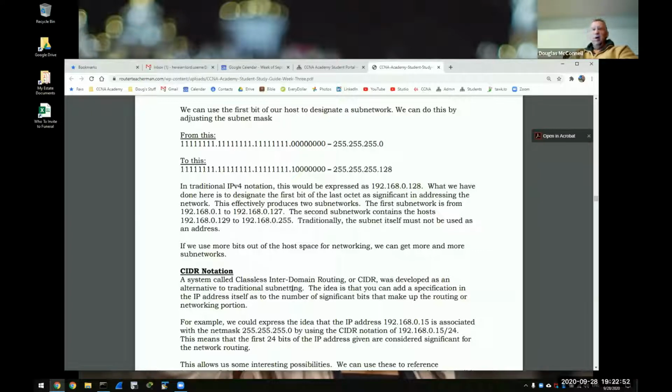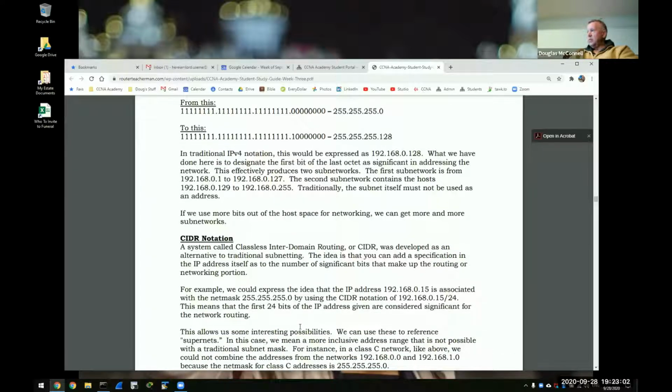What it's become is the definitive way to subnet. So CIDR basically takes this expression, 255.255.255.0, and expresses that IP address like this, with a /24.